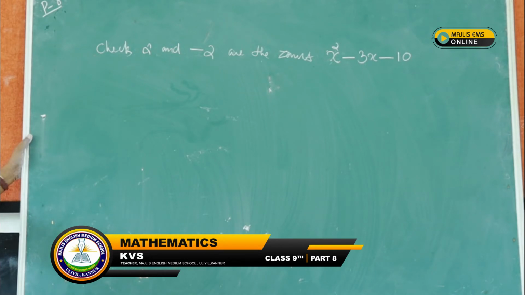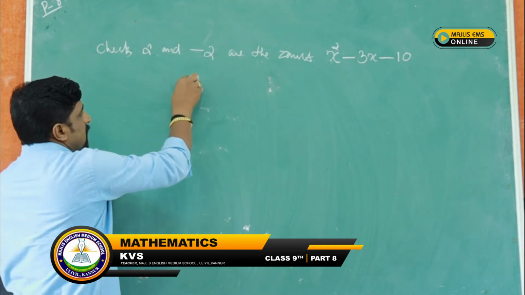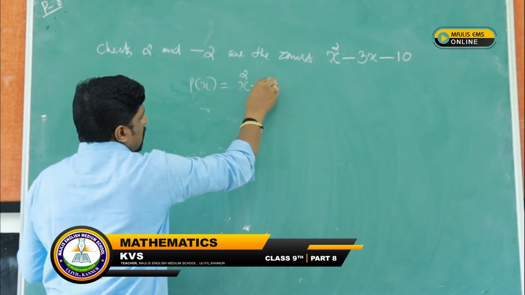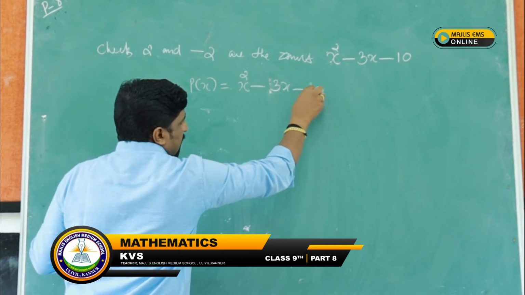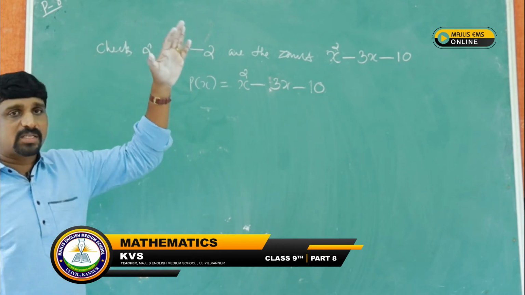Just we can check whether it is a 0 or not. Therefore, first we can write like this: p of x is equal to x square minus 3x minus 10.